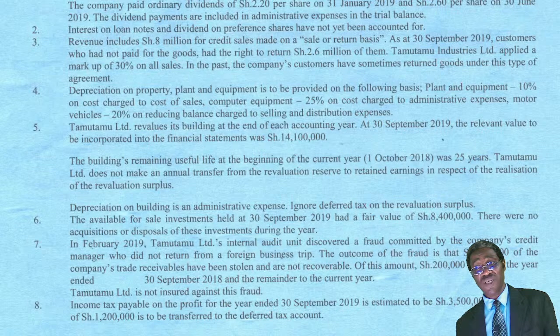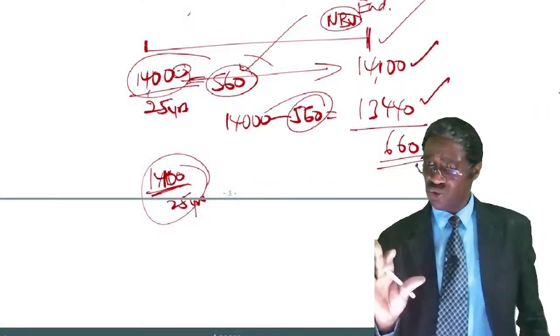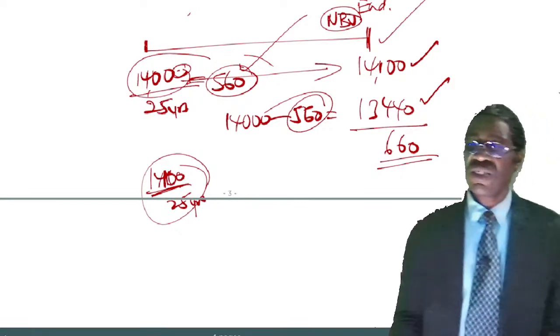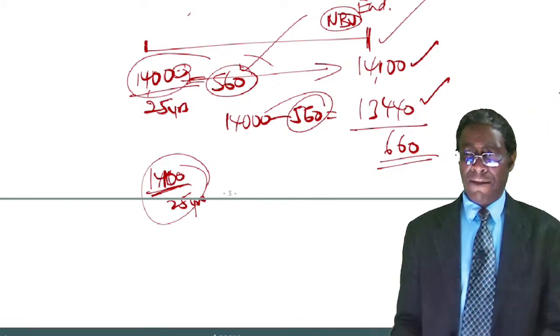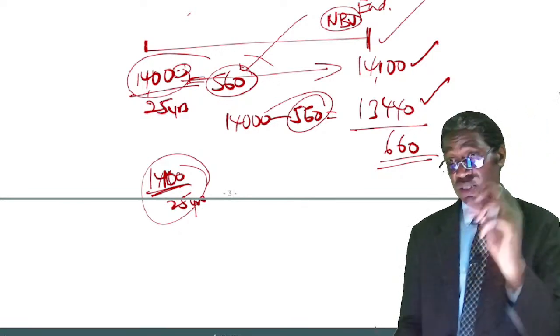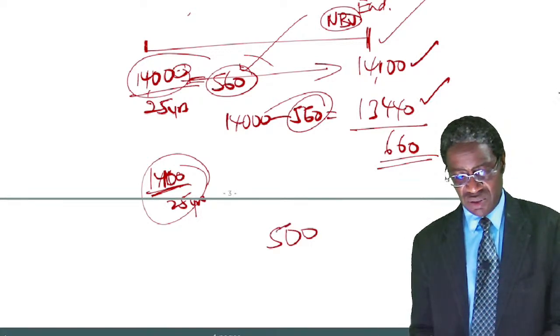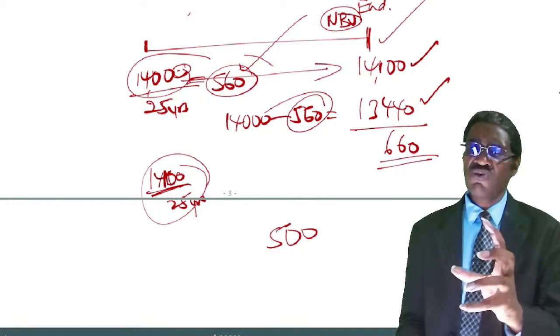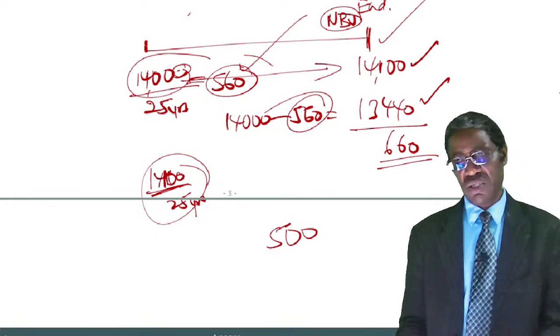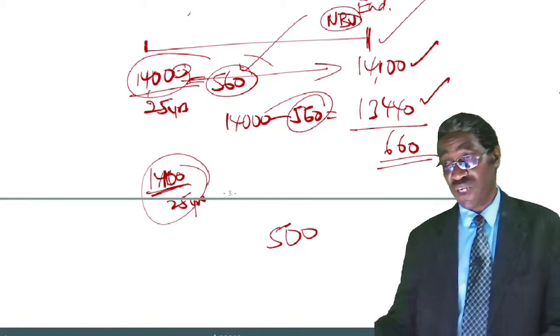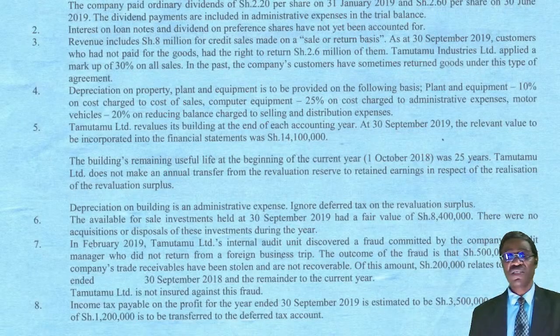Let me just explain in a short while. Listen, your credit manager stole some money. How much? 500,000. That money was from a customer who had paid. That's what we are told. Read it again.